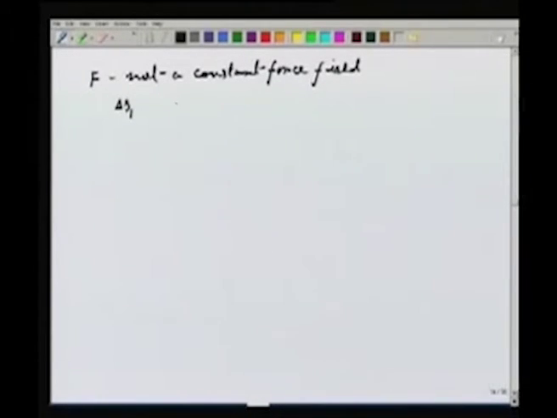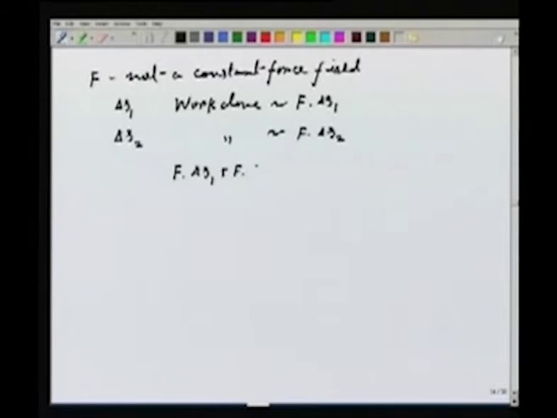Then the work done is approximately equal to F dot delta S1. If in the subsequent time it produces a displacement of delta S2, then the work done is approximately equal to F dot delta S2. So the total work done is F dot delta S1 plus F dot delta S2, and so on.